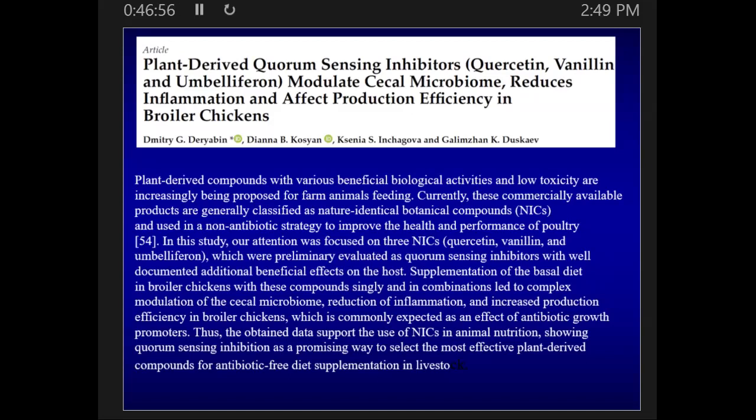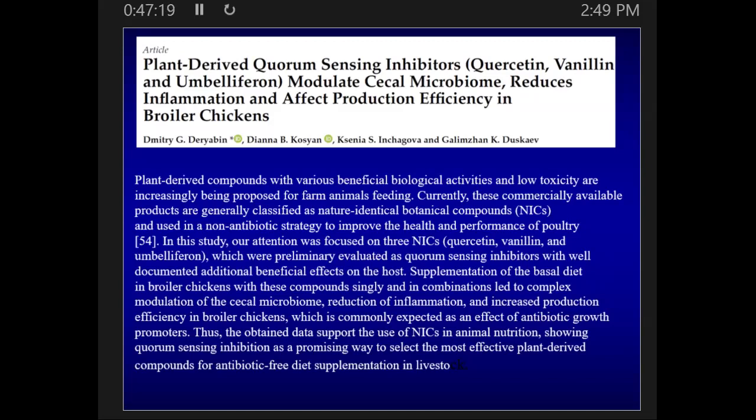In this case, you can't give the chickens antibiotics to help them get rid of those microbes causing the inflammation. So if you can somehow use quorum sensing inhibitors to stop those microbes from communicating, then hopefully they'll ramp down and the inflammation will go down and you'll be able to sell those chickens.